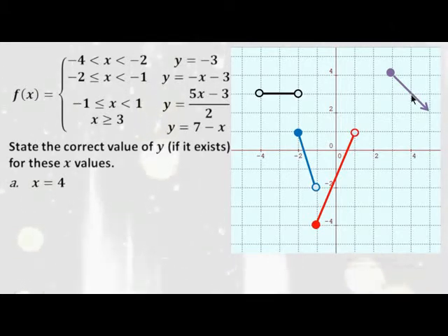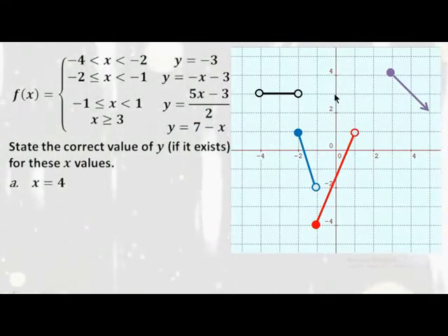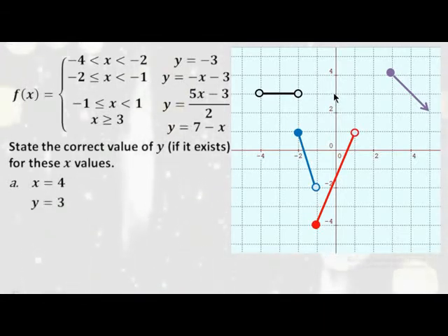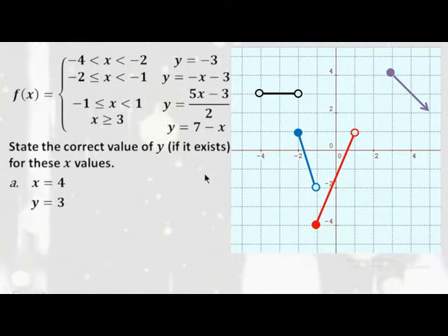So we use this straight line, and bring another line across to the y-axis, so the value of y equals 3. Or you can simply substitute the value of x into this equation, or you can use this graph.